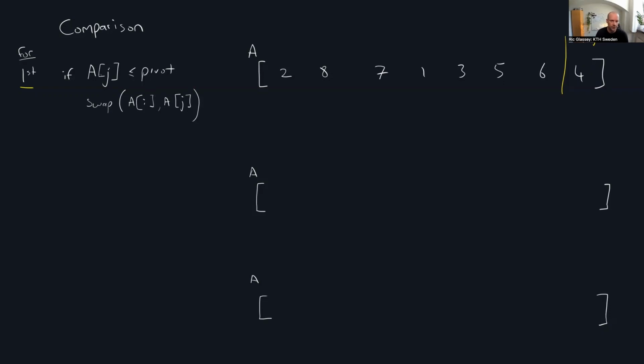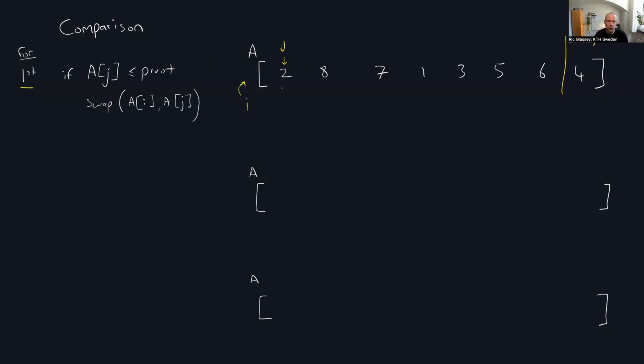So in the very first iteration, we're going to ask, is a of j less than the pivot? j is currently pointing here, and i is pointing here at -1.